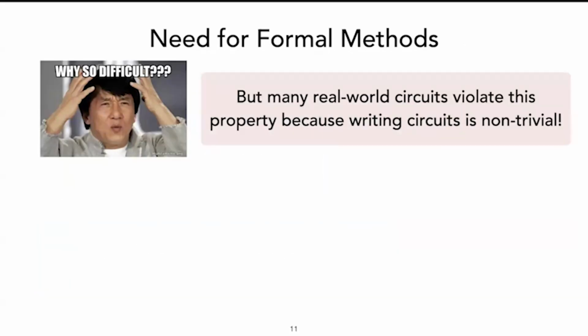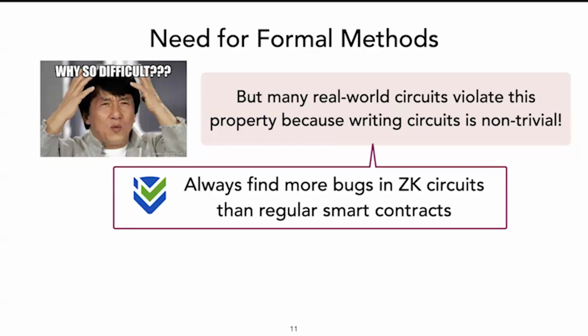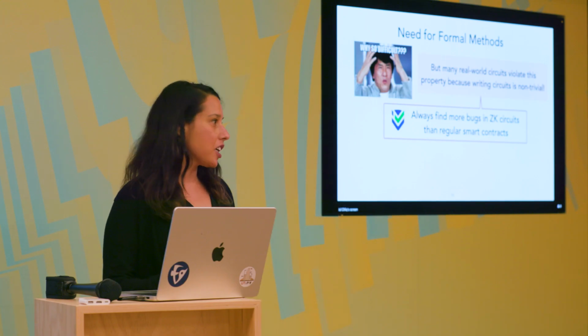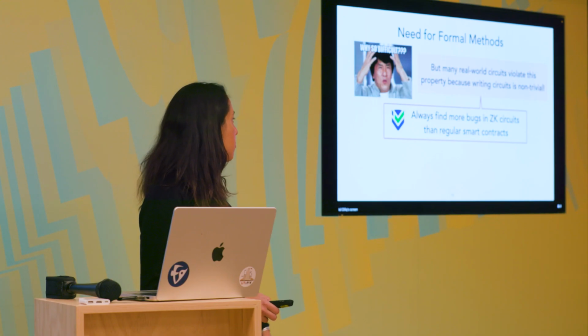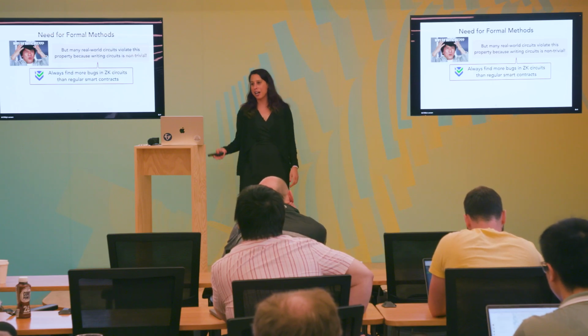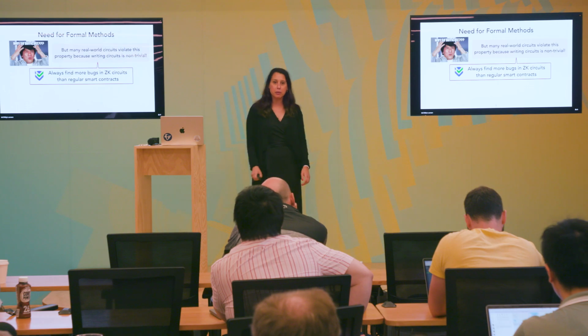But unfortunately, it turns out that many real-world circuits violate this property because writing circuits turns out to be very non-trivial. And in fact, at the startup I co-founded, Veridise, we audit a lot of ZK circuits, and we always find more bugs in ZK circuits than other types of software like smart contracts or even blockchain implementations.